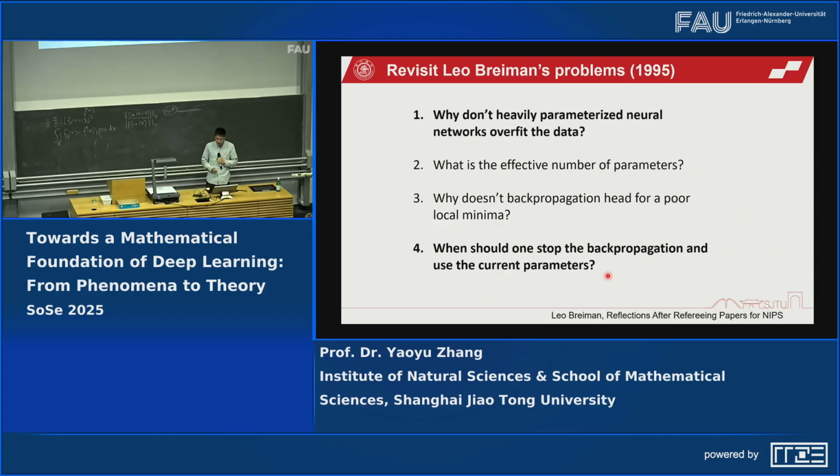There's a standard protocol called early stopping, where you use a validation set to stop. And there are still more mysteries. We will leave, for example, the condensation phenomenon to give a better answer.